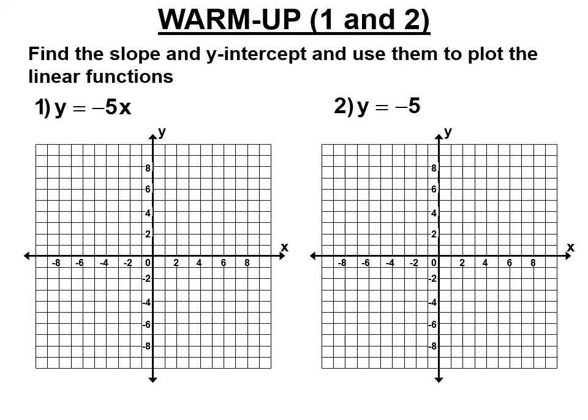All right, so this one on the left, the slope is -5, the y-intercept is (0, 0). This one over here, look how different it is. The y-intercept is (0, -5), and the slope is 0.